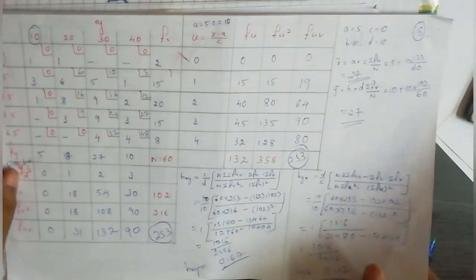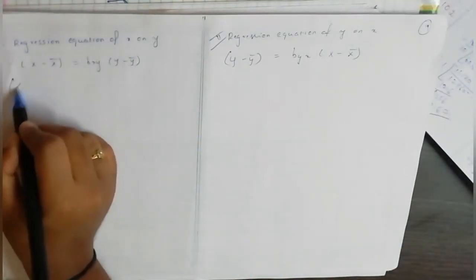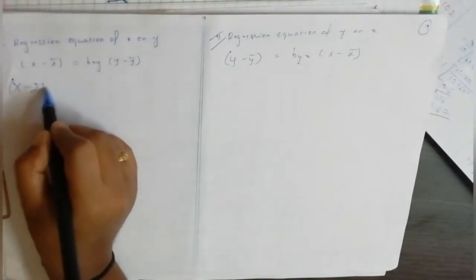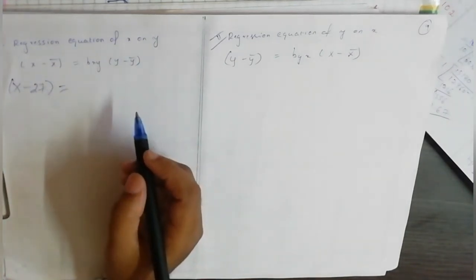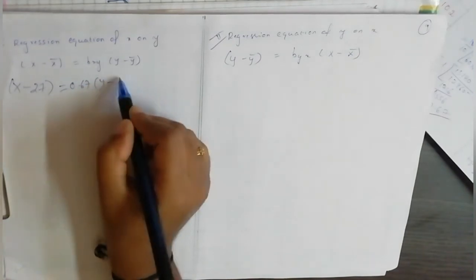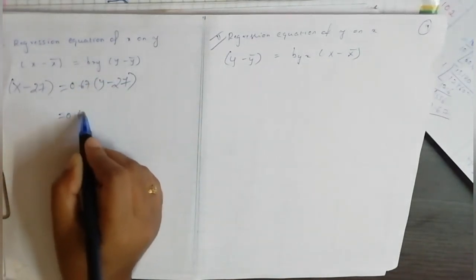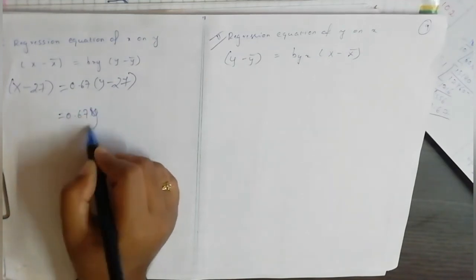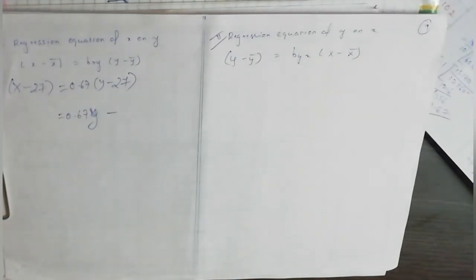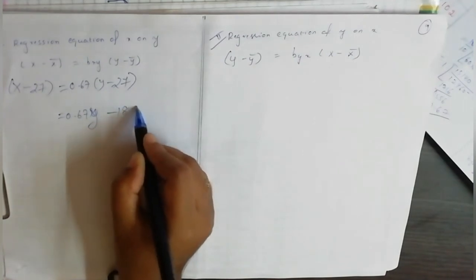So now we need to find the two equations, x on y and y on x. Substitute x minus x bar is 27, bxy we got 0.67, y minus y bar is also 27. Open the bracket. 0.67y minus, multiply 0.67 into 27, that is 18.09.